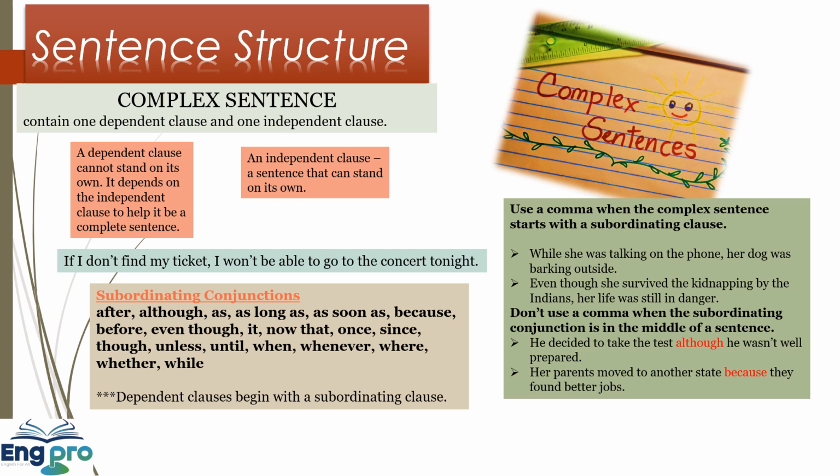For example, we can use words like after, although, even though, until, when, whenever, while, because, as soon as, and many others. I am more than sure that you're familiar with some of them, because if you have studied other parts of grammar, you actually met these subordinating conjunctions already.